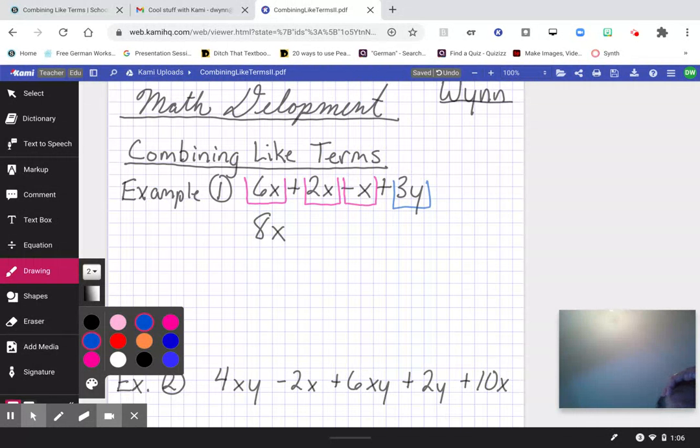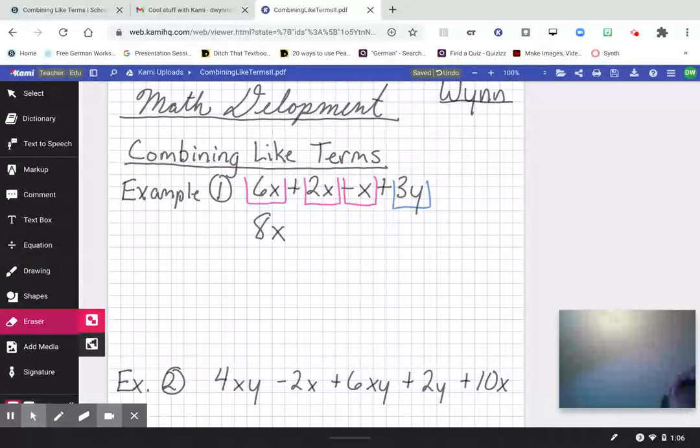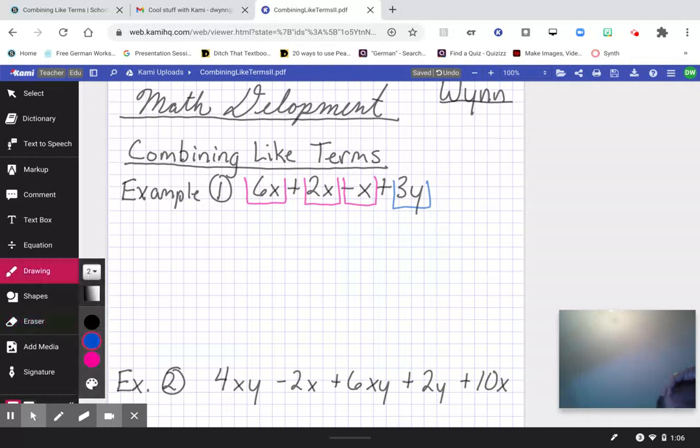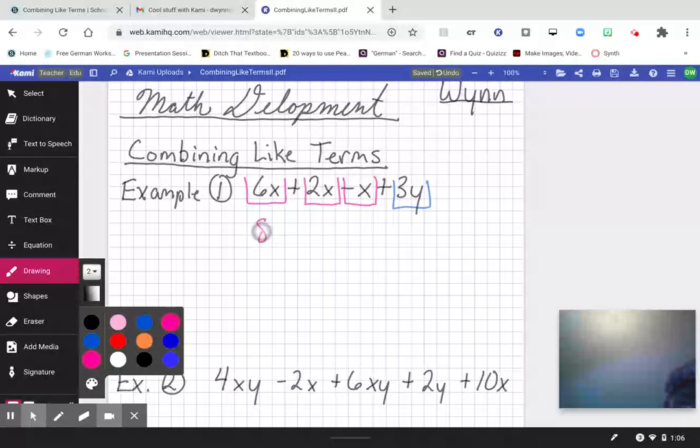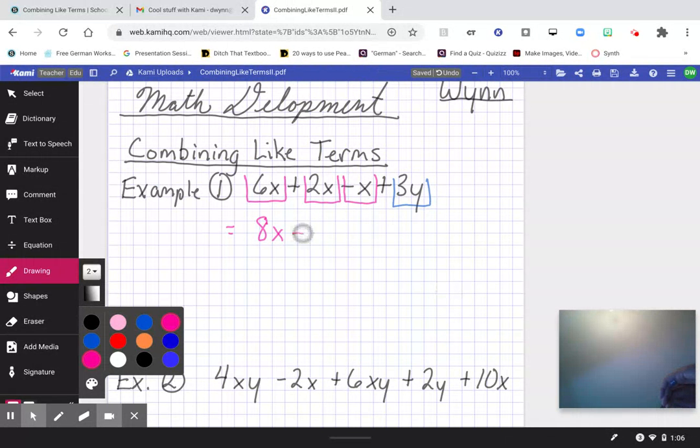All right, so I'm going to erase this because I want to color coordinate it. Okay, so we have, again, 6x plus 2x is 8x. I always like to put an equal sign as I'm working through steps for my problems. And then we'll bring everything else down: negative x, or minus x, and then plus 3y.